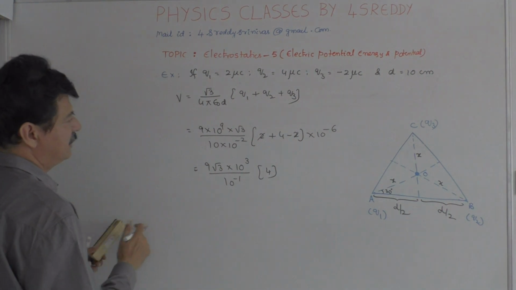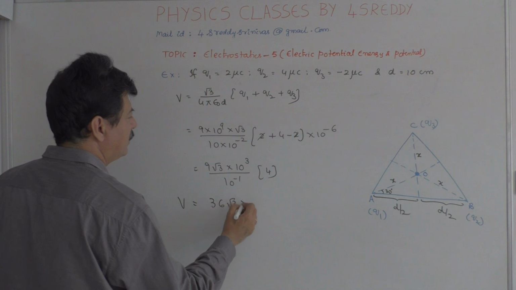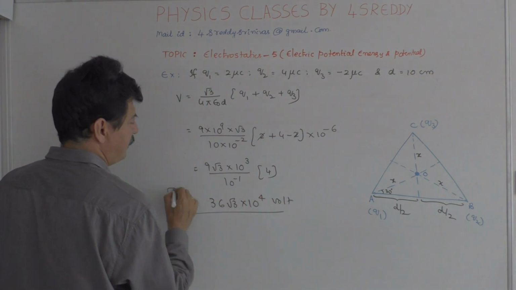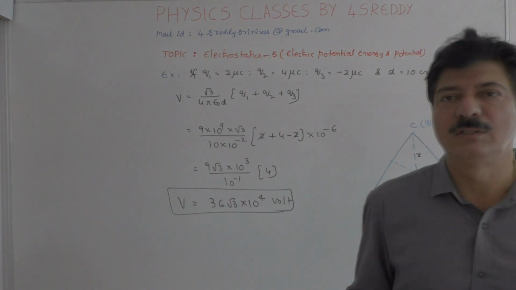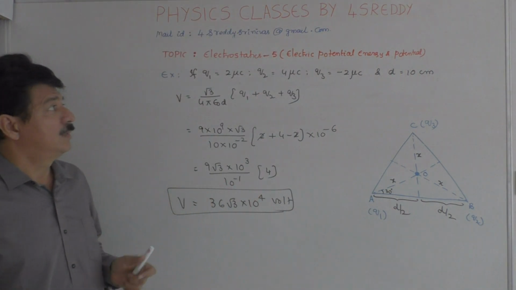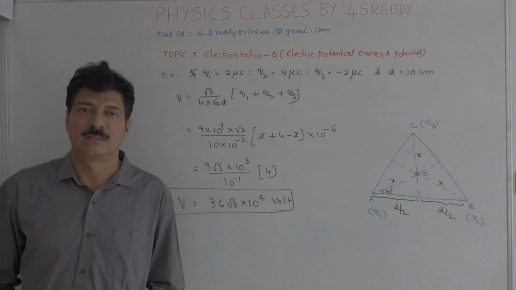Therefore, it is given by 36 root 3 into 10 power 4 volts. This is how we have to find out the electric potential for the system of 3 charges.